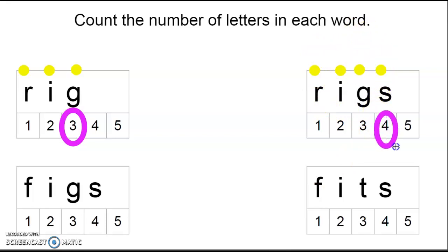There are 4 letters in the word rigs. Our next word is figs. F-I-G-S. Let's count. 1, 2, 3, 4. There are 4 letters in the word figs. Our last word is fits. F-I-T-S. Let's count. 1, 2, 3, 4. There are 4 letters in the word fits.